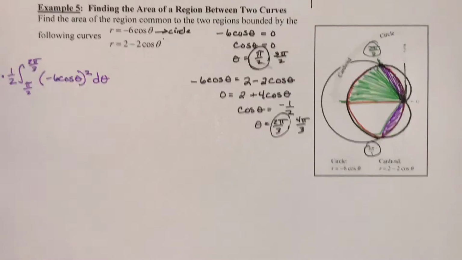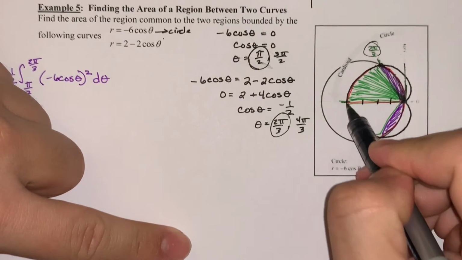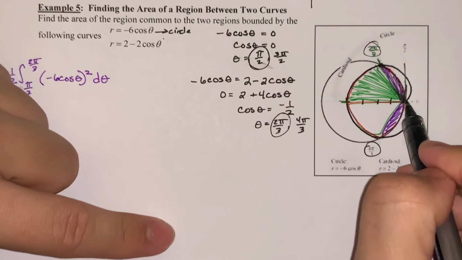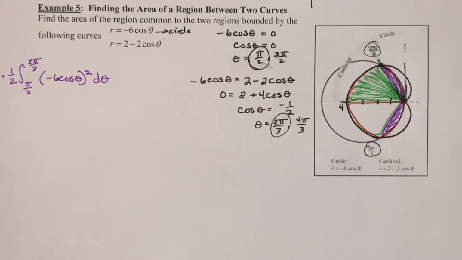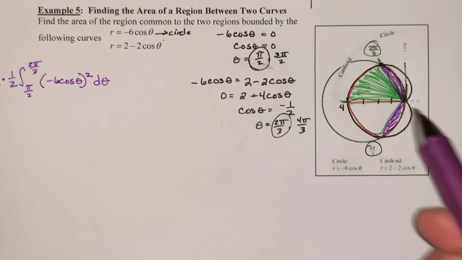Double check somewhere else. Oh, yeah. It's really hard to see, but there are supposed to be 1, 2, 3, 4 tick marks there. So this is a distance of 4. Sorry about that.